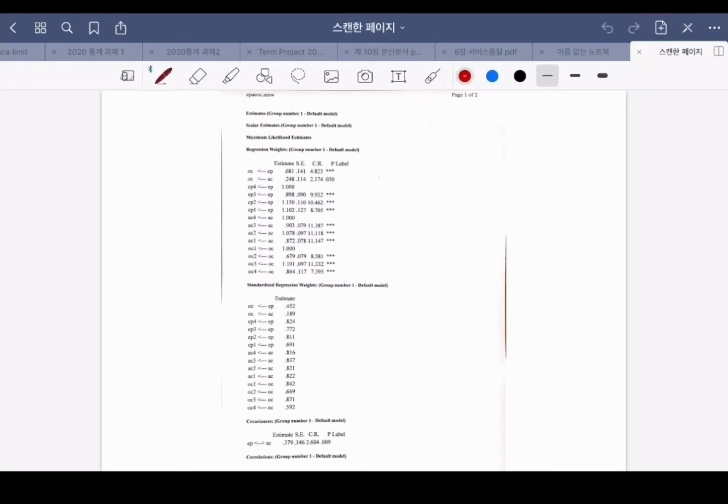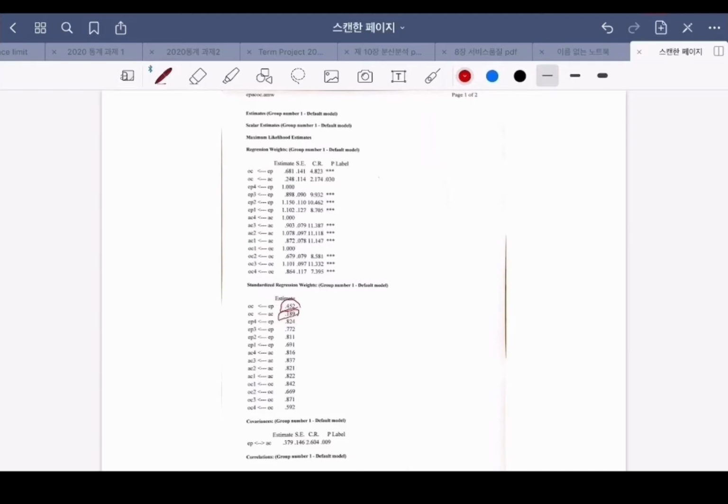Actually, either one is fine, but usually you use the standardized weights because they also show the strength of the relationship. For example, in this case, EP to OC is plus 0.452, and the coefficient for the relationship between AC and OC is 0.189.